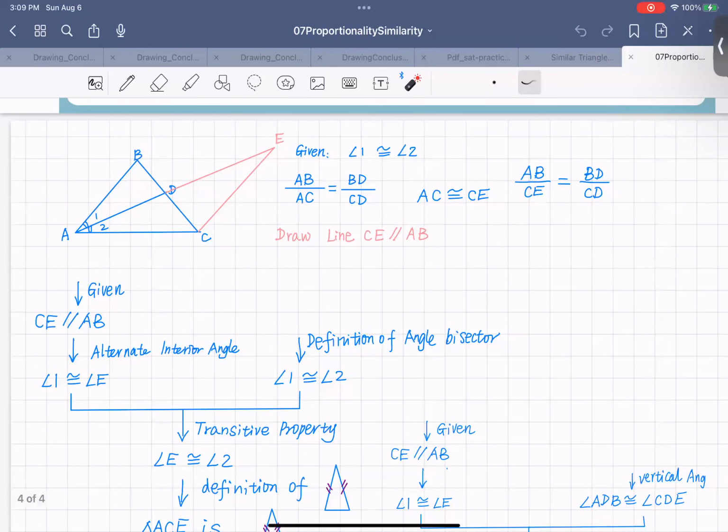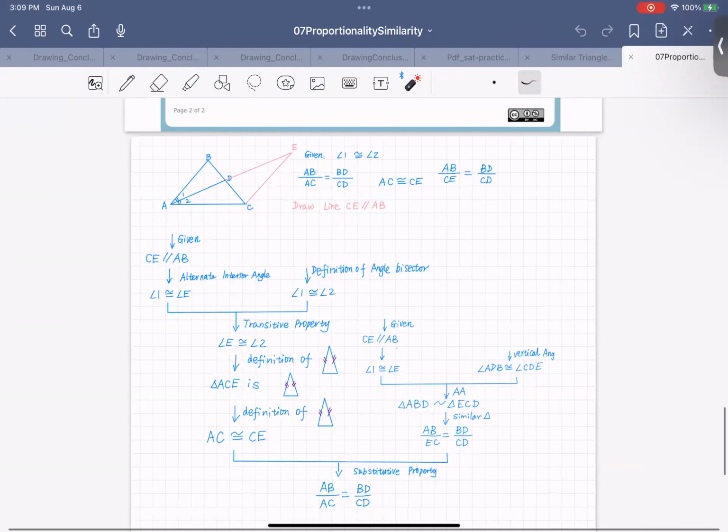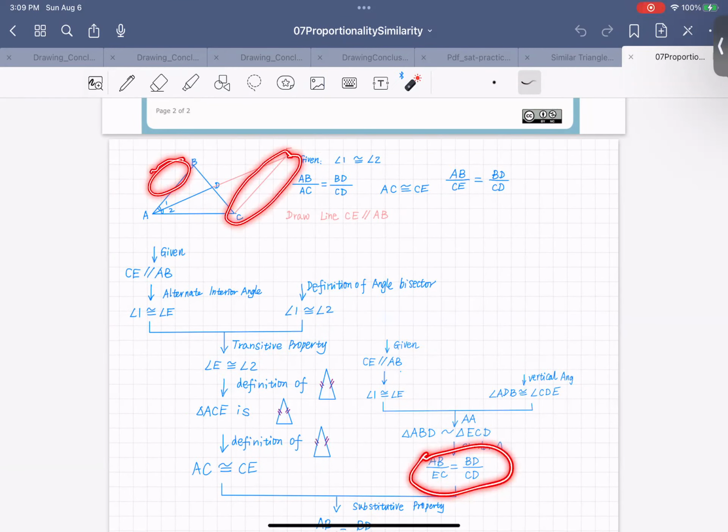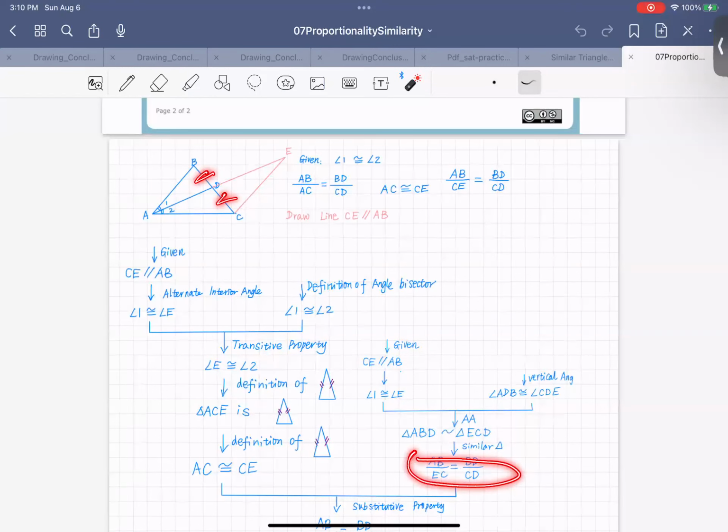So you have proved, look here, AB divided by CE equals BD divided by CD. Do you buy this? So far, so good?